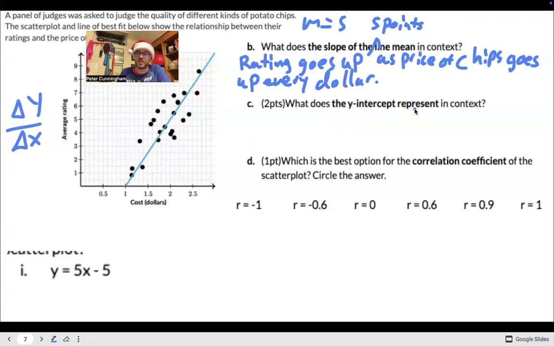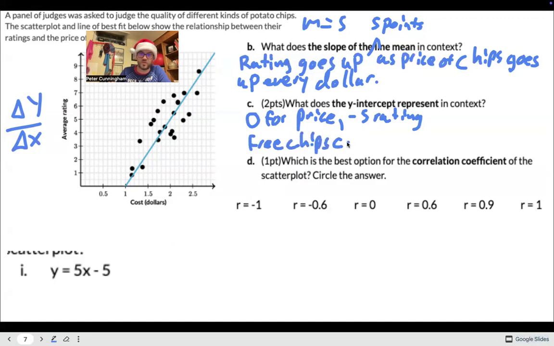What does the y-intercept represent in this? The y-intercept would be a 0 for price. And what was the y-intercept from here? -5. So 0 for price, -5 rating. That means that free chips score negative on this scale.